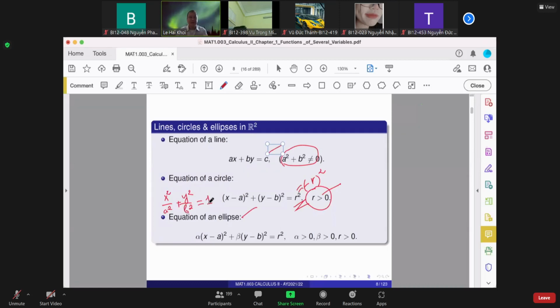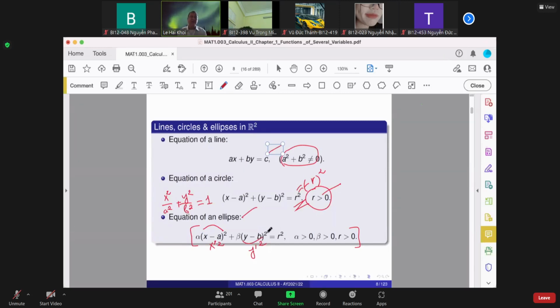With the foci A, B. But actually, in general, you have this equation and you can make a translation or change of variable. So for example, this is x prime squared, this is y prime squared, and then you can change to the standard equation.